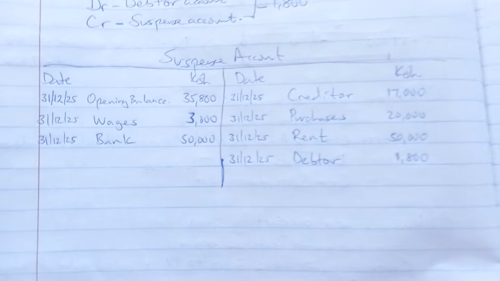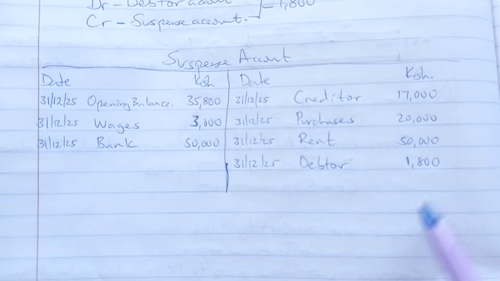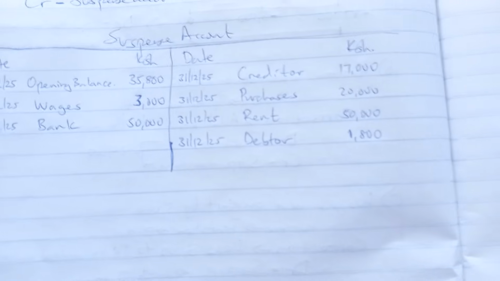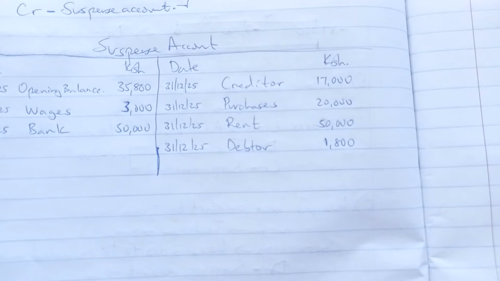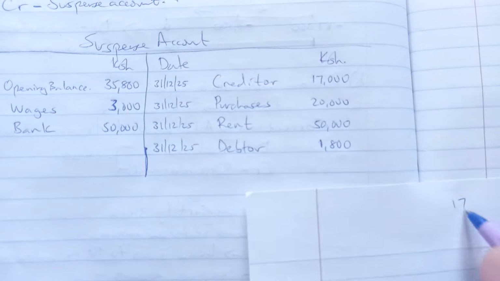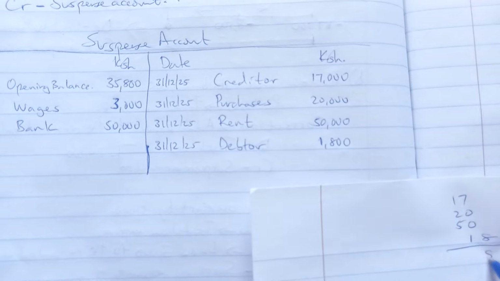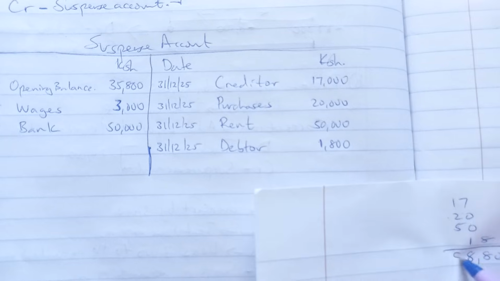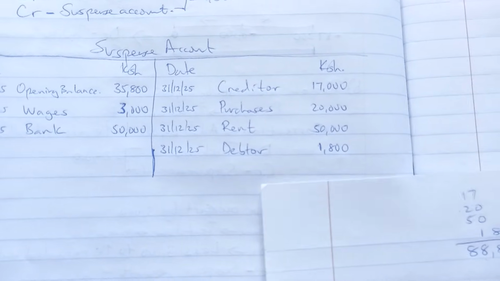How do we look for the balance? We add the debit and the credit. I did add up front, but I can still add. On the credit side, I have 88,800.